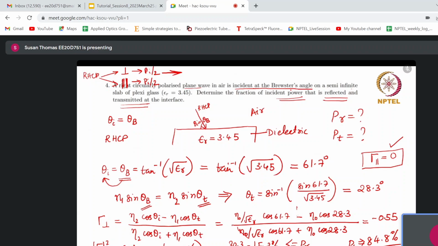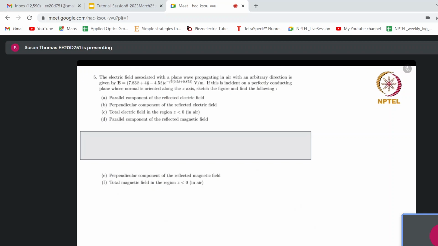So coming to the next question. The electric field associated with a plane wave propagating in air in an arbitrary direction is given.